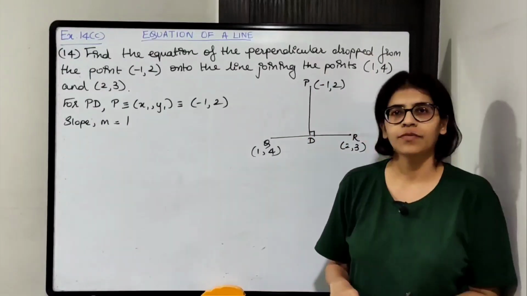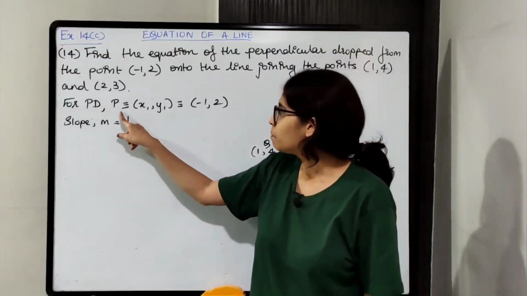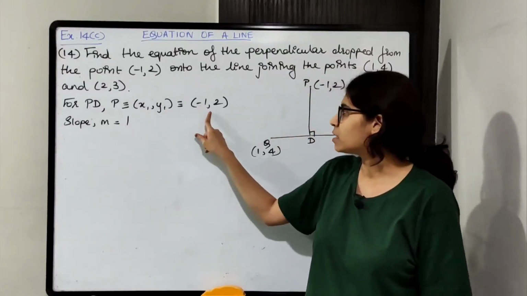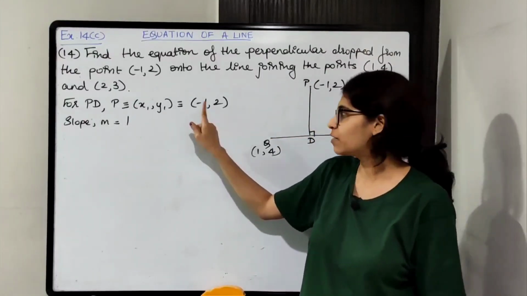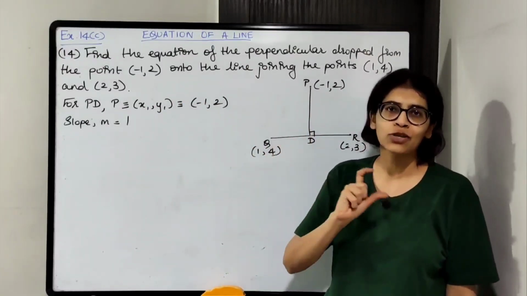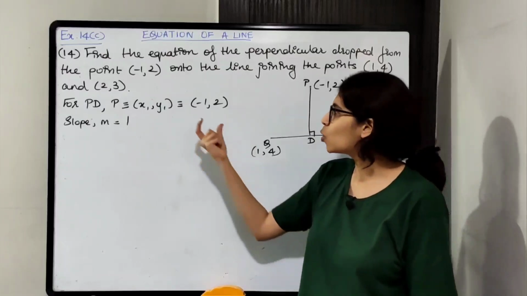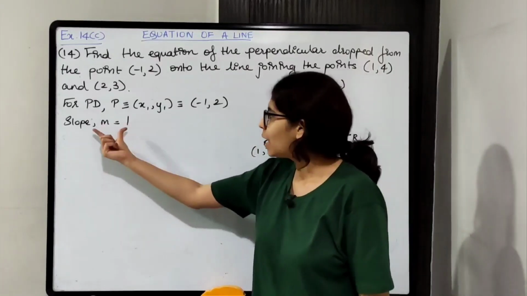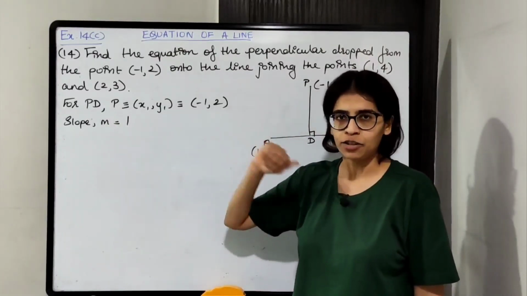Let's find it. So for PD, P, that is x1 y1, is -1, 2. We have considered it as x1 y1 because in the formula we have to put the values of x1 and y1, that is the coordinates. Okay, the value of m is 1, which we just calculated.